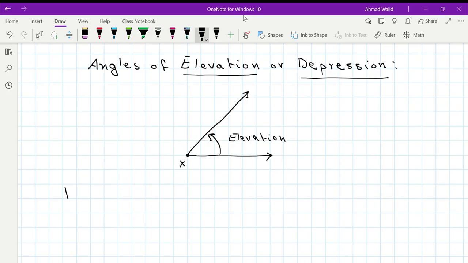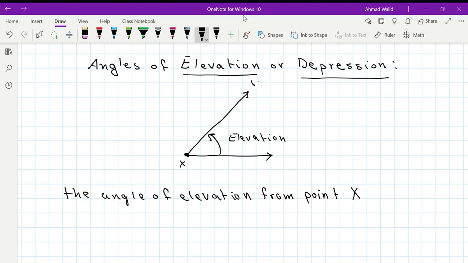The angle of elevation from point X to point Y. Let's name, for example, here, capital letter Y. From point X to point Y, you see my angle is above the X. This is the horizontal, correct?